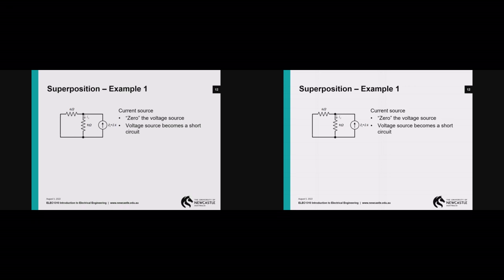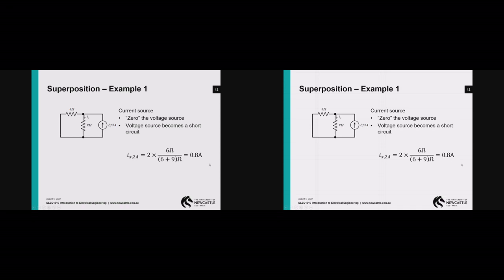Now I look at the problem and say, okay, in this circuit, what is the current in the 9 ohm resistor due to the 2 amp source? It's a little bit more complicated than the previous one, but if you're up to date, you might recognise that as a current divider problem. So in this case, the current through the 9 ohm resistor would be the 2 amps multiplied by the resistance of the branch that I'm not interested in, 6 ohms, divided by the sum of the two resistors.